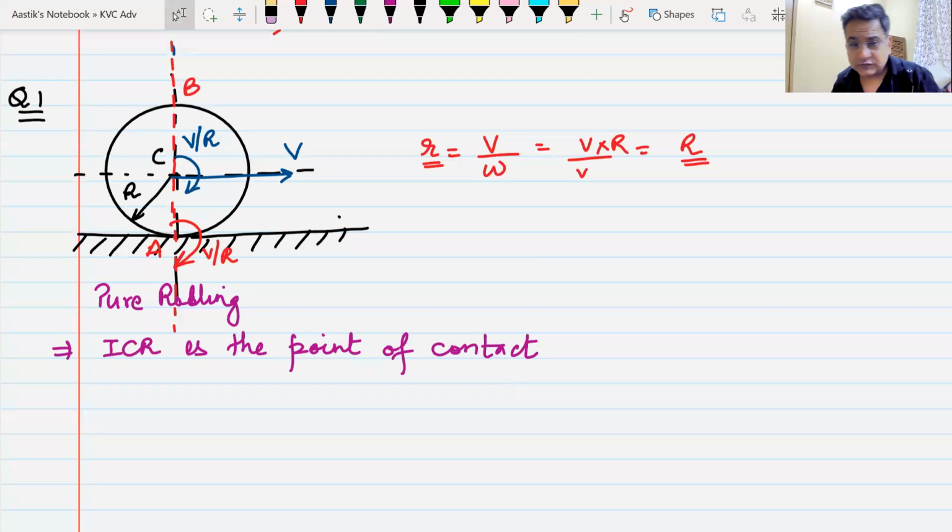Now, we have already seen how to find out the velocity of this point A. It is rotating with an angular velocity and it is also moving ahead. If you find out the velocity of this point A, obviously with respect to ground, how much will you get, which is also your instantaneous center of rotation?